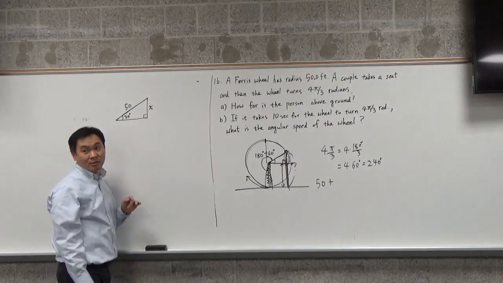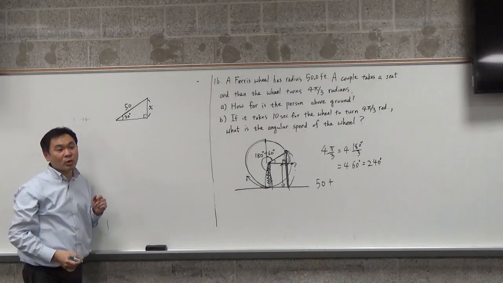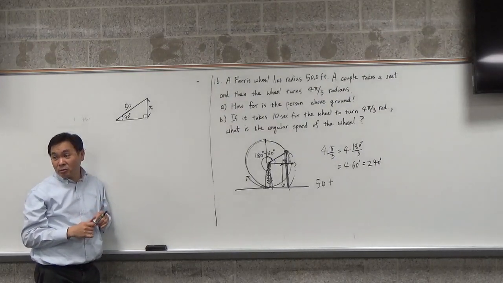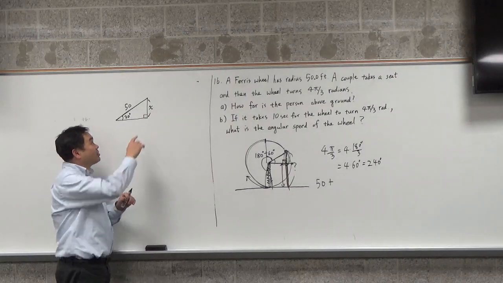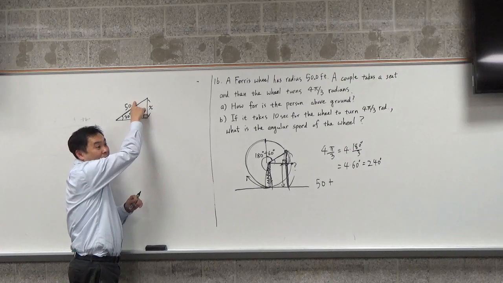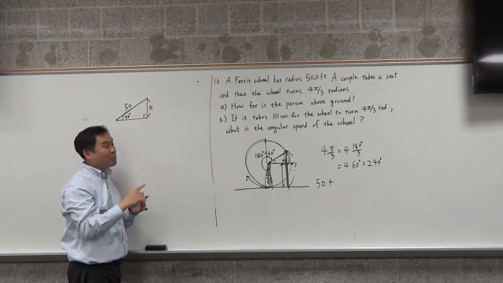Let's call that x. How do you find that? Which trig function should we use? Sine. SOHCAHTOA, and we use sine because x is opposite 30 degrees, and this is the hypotenuse. The only trig function that involves both the opposite and the hypotenuse is sine.